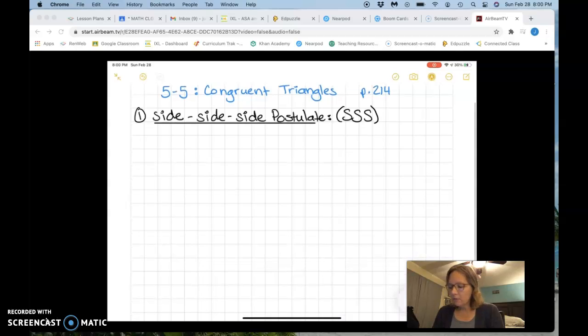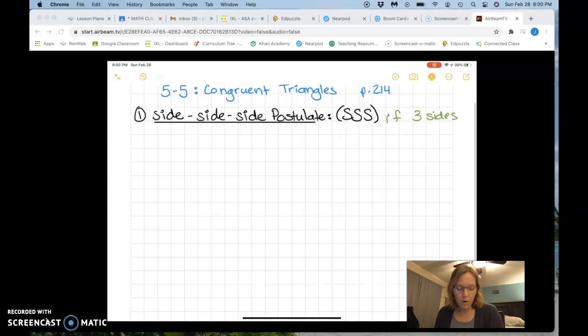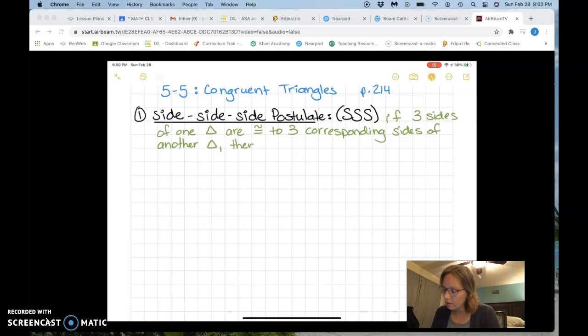But it says if three sides of one triangle are congruent to three corresponding sides of another triangle, the triangles are congruent.